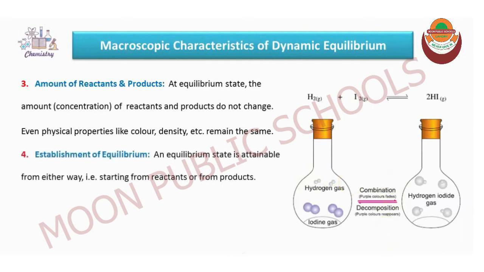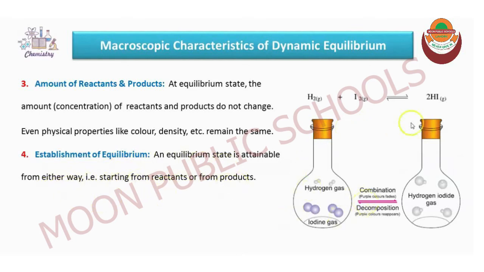The fourth point is that an equilibrium state is attainable from either way, starting from reactant or from product. You can easily understand that equilibrium is achievable from both sides, from reactants or from products, because both components will remain at equilibrium.